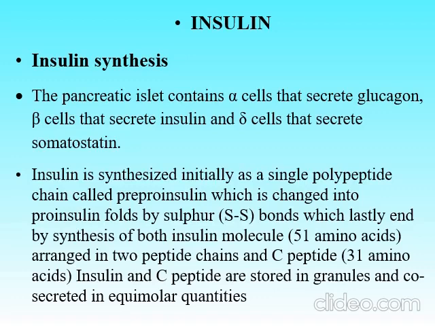Insulin and C-peptide are stored in granules and co-secreted in equimolar quantities.